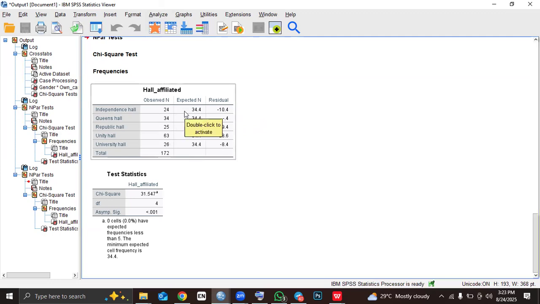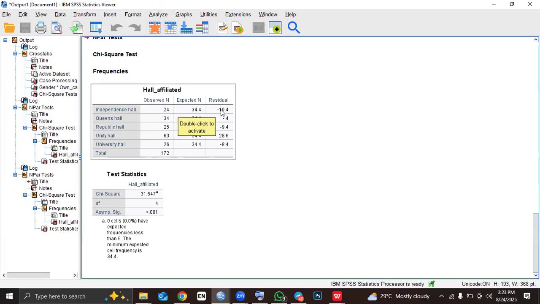So it's telling us that in this hall, we're expecting 34.4, and then we actually observed 24. So the difference between that is negative 10.4, meaning that we were expecting more students to be in Unity Hall as compared to what we observed.